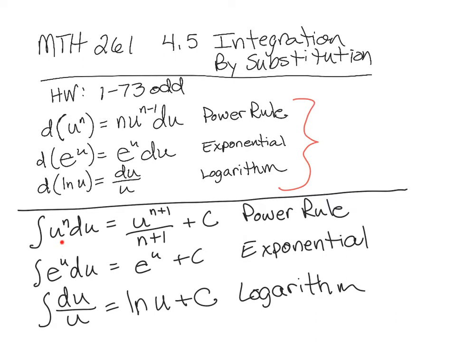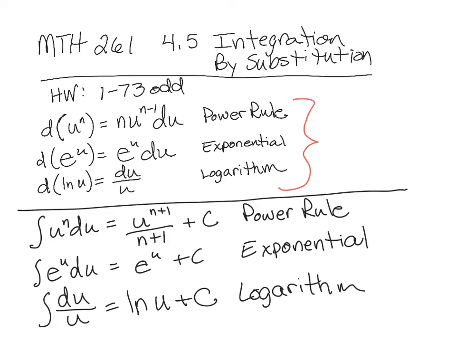And I take the integral of blob to the power, as long as the du is there, the same way I did in the first section in the chapter when I was just adding 1 to the power and dividing by the power. So whatever the blob was, you copy it, you add 1 to the power, divide by the power, and you're done. Because as long as the du is in the problem, you don't care what u is.